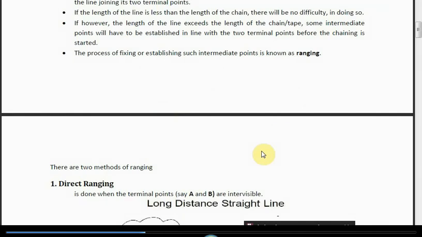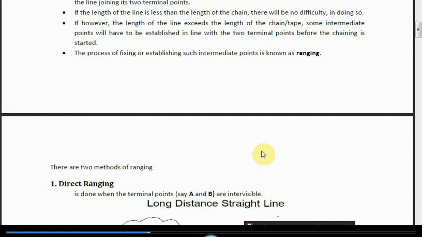Now, when you are measuring the length of a survey line, the chain or tape must be stretched straight along the line joining its two terminal points. If the length of the line is less than the length of the chain, there will be no difficulty.